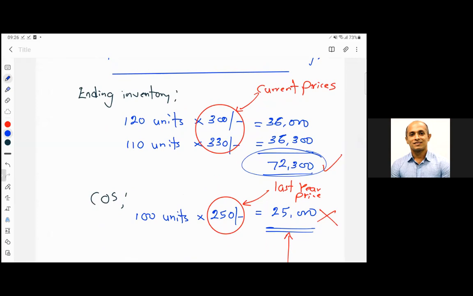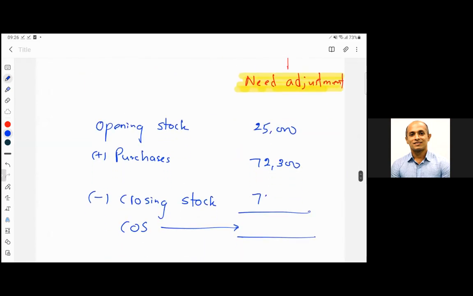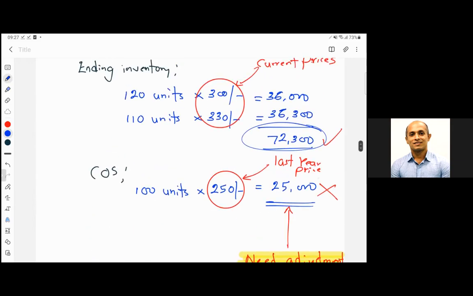Closing stock value is 72,300. Here purchases equal the closing stock. Then you have cost of sales of 25,000. You see, we got the same answer.